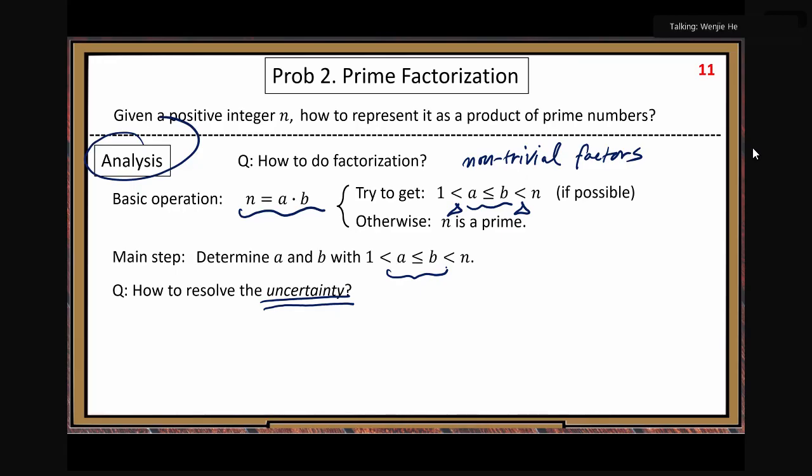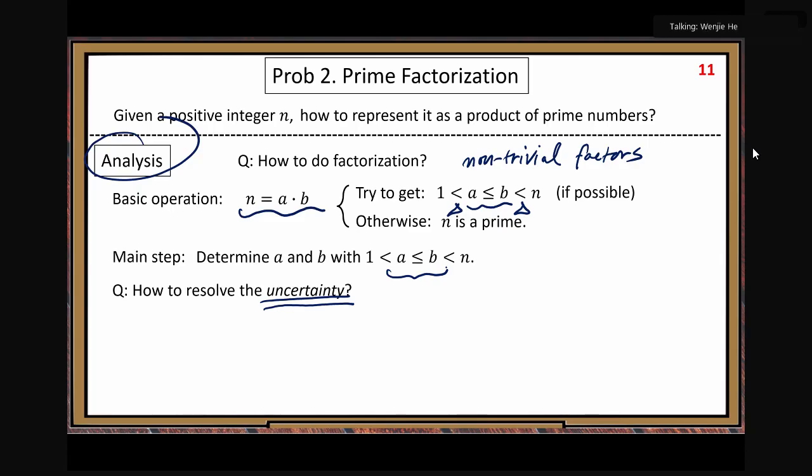If you know how to reduce the uncertainty, make your data more and more certain, then it becomes easier and easier. Okay? So here the question we need to study: how to reduce the uncertainty in a computing problem.